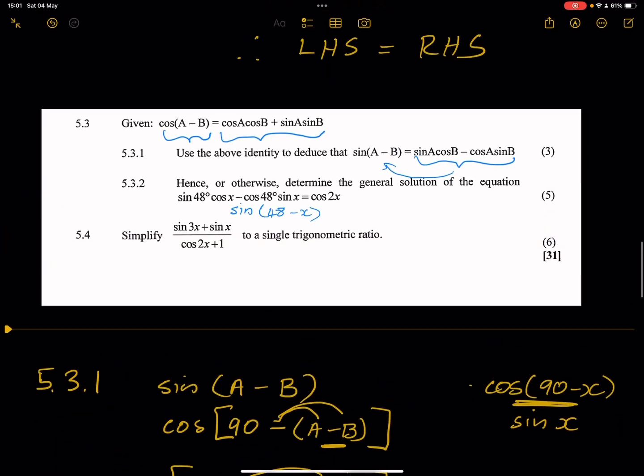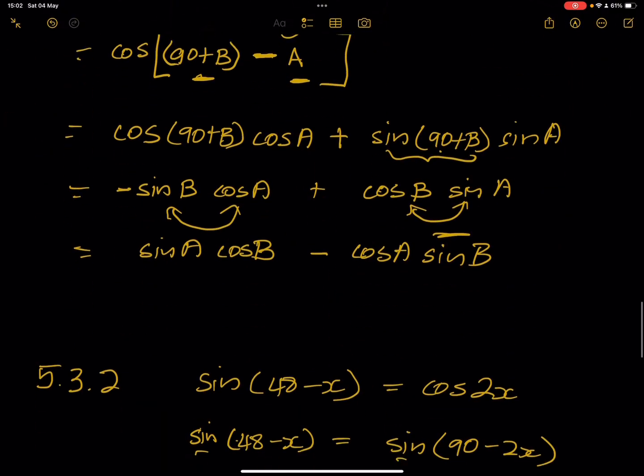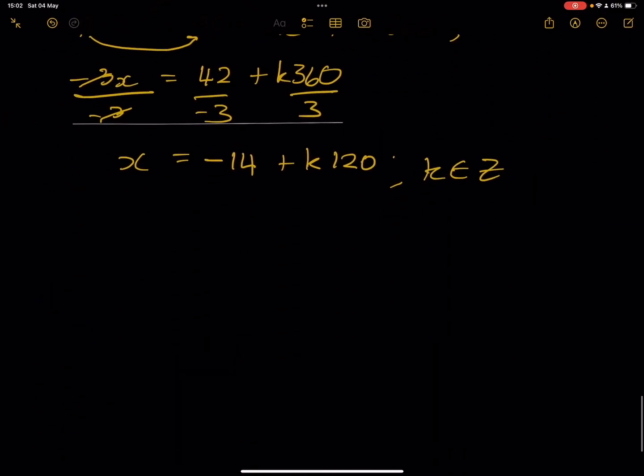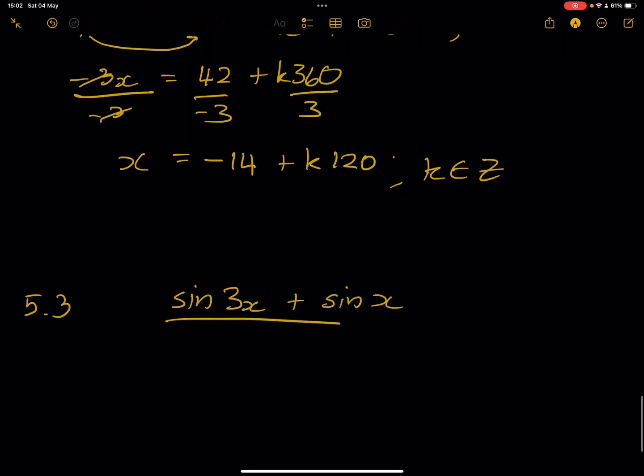Right, and finally, they say simplify. That's for 6 marks. Simplify sine of 3x plus sine x divided by cos 2x plus 1. Okay, so that's sine of 3x plus sine x divided by cos of 2x plus 1.